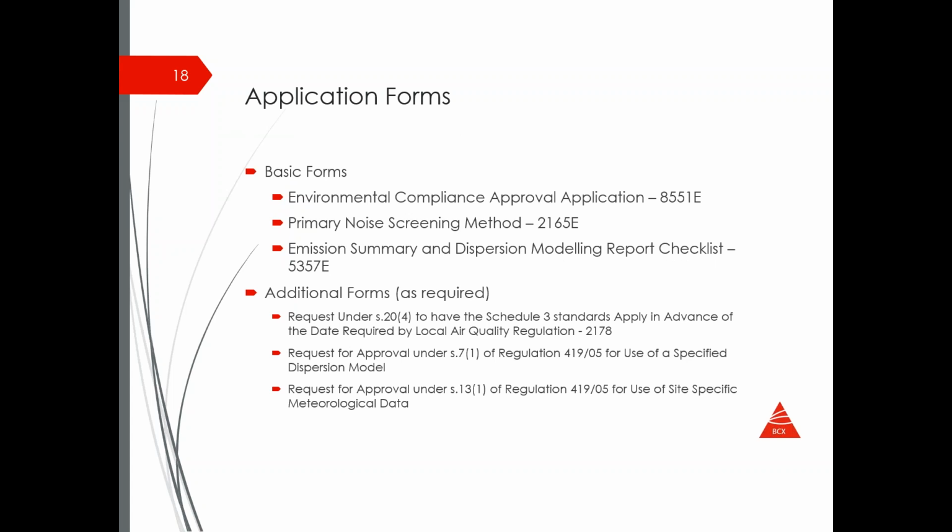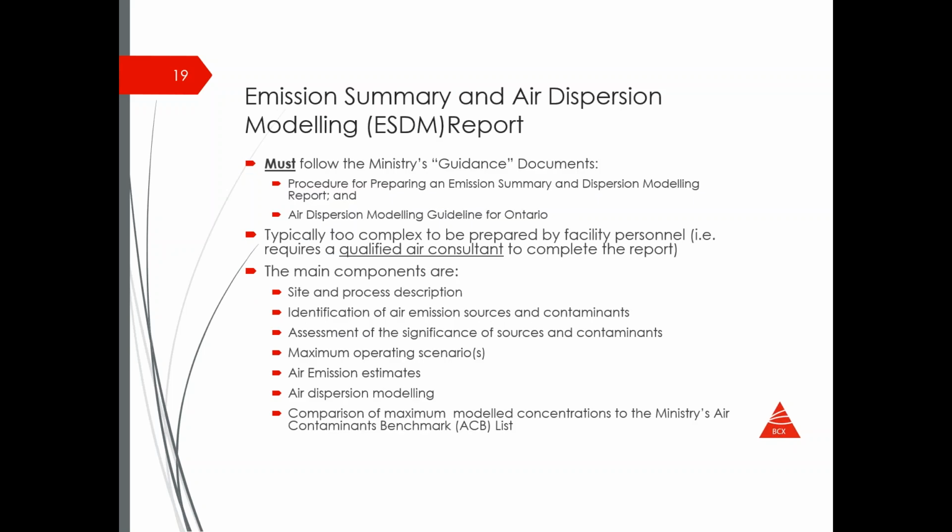There's some emission summary checklist, and some additional forms which are more technical would be if you require, for example, Schedule 3 standards in advance, there's a form for that. Or if you want to use a specific air dispersion model, there's a form for that. And also some requests for specific met data from MOE to do the air modeling. So those are more of the technical forms involved.